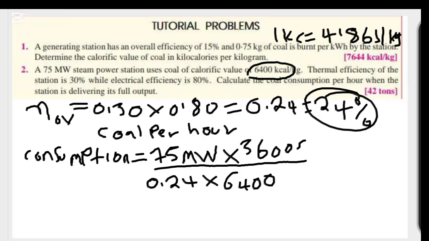So I have to multiply by 4,186 for the kilocalories, per kg.